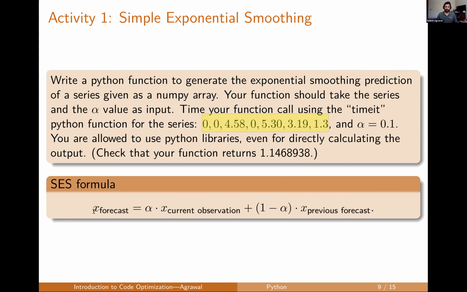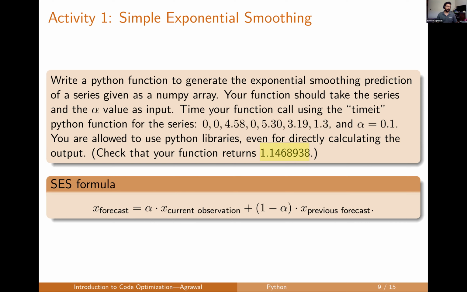But this is the basic formula. Exponential smoothing predicts a time series. It makes predictions using a weighted average of your current observation and previous forecast. Just make sure that once you've written your function, your Python function returns approximately this value.